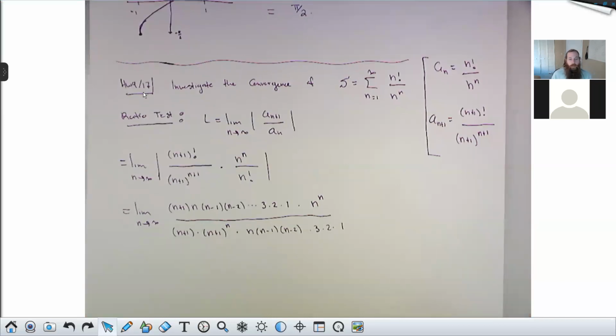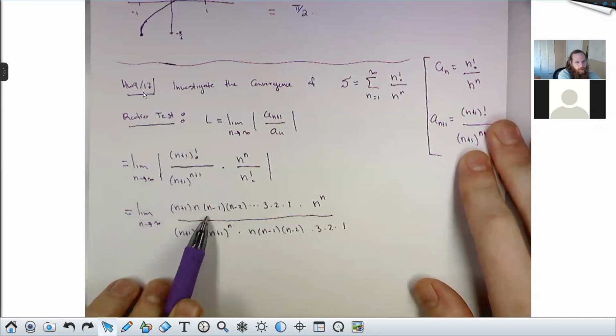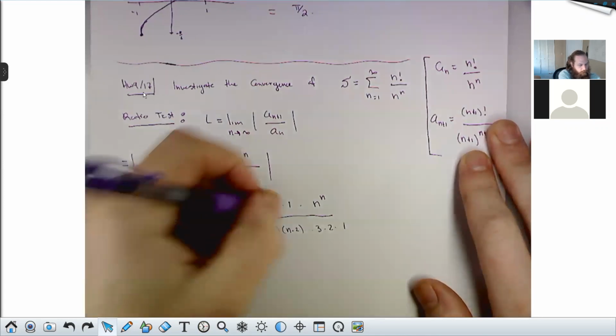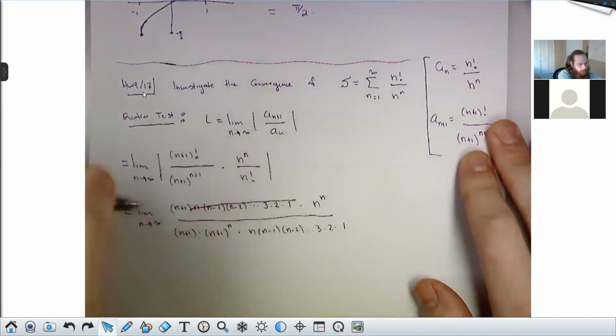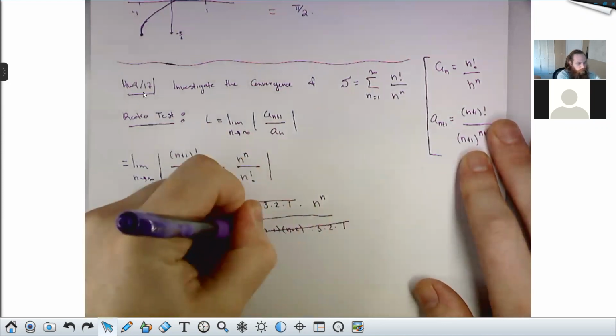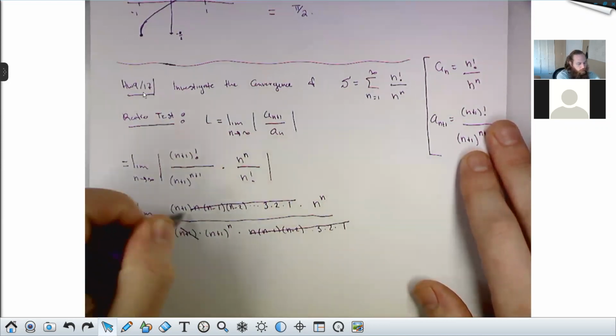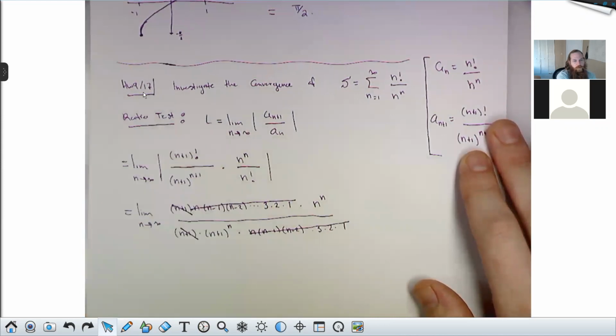And what you see is a lot of cancellation in the factorials. (n+1) factorial has a copy of n factorial inside of it. So they cancel. And then the n+1 from (n+1) factorial cancels with the n+1 from (n+1)^(n+1).